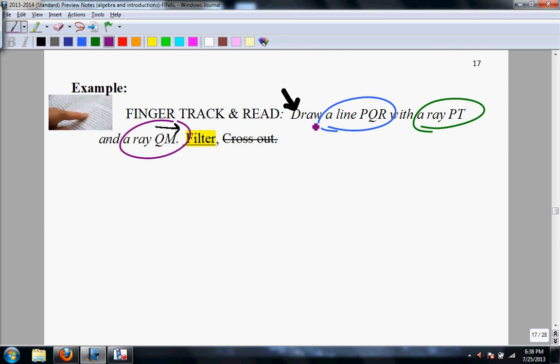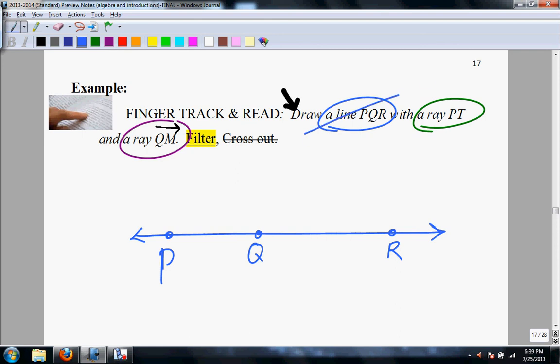Now we're going to cross out. So we're going to draw a line PQR. So we have a line that has 3 points on it, P, Q and R. Doesn't really matter how you space them, P, Q, R. It's a line. After you establish something, you want to cross it out. Okay, we've accounted for that. I'm going to cross it out.